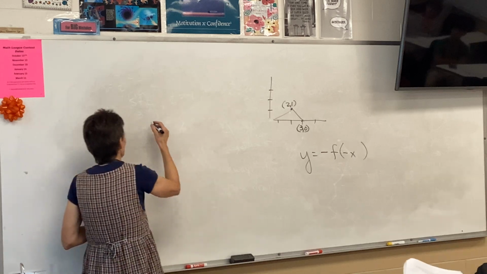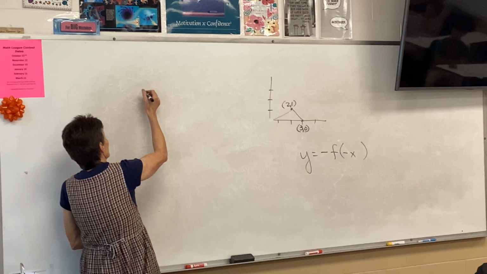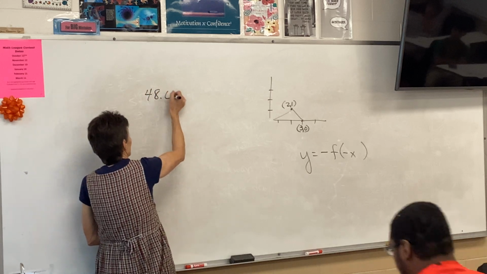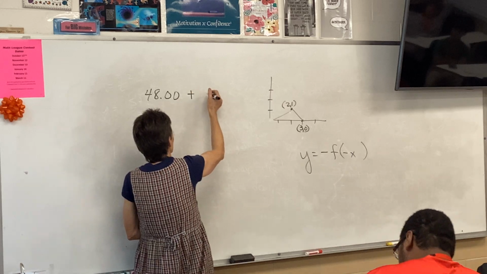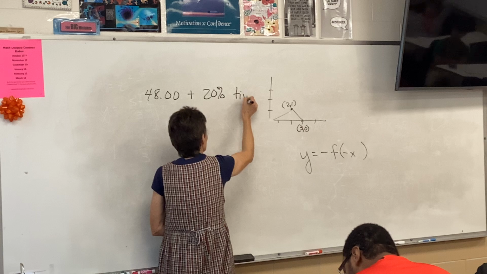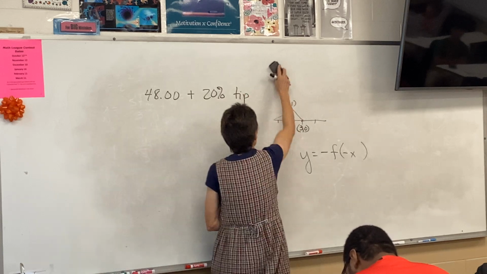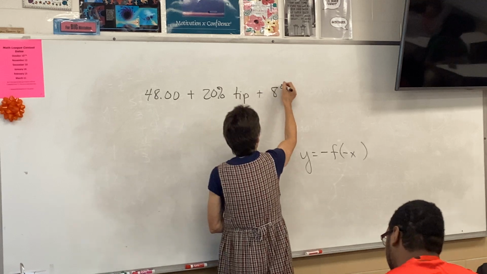So like, let's say I go to the restaurant and my meal costs $48, okay? But I have to pay a 20% tip. I have to pay 8% tax.